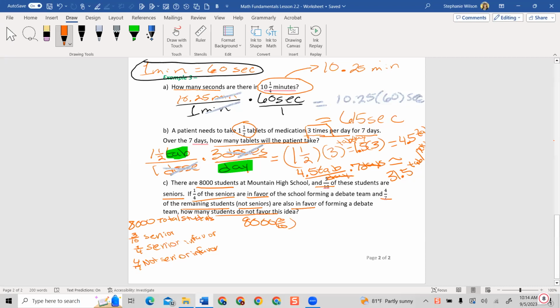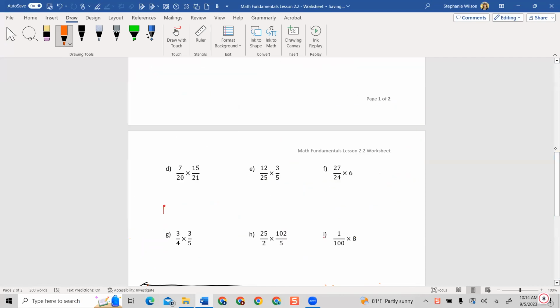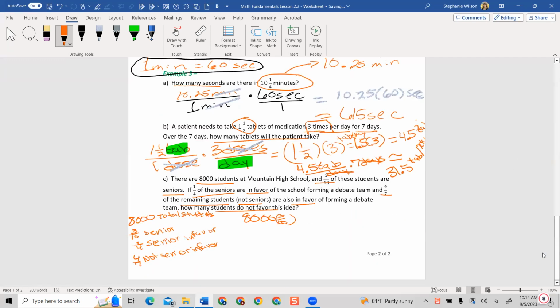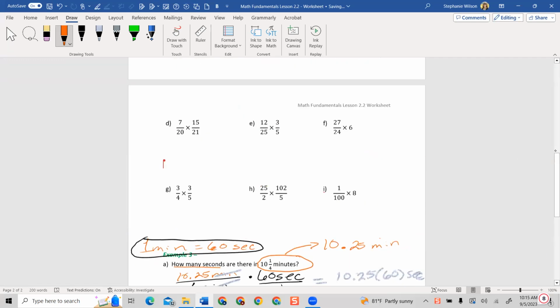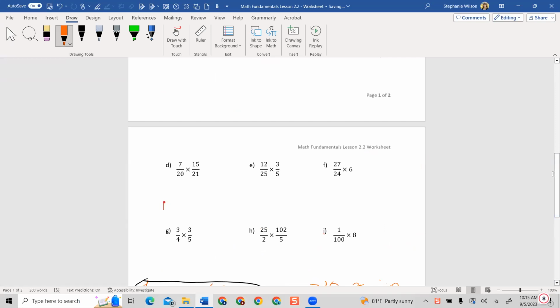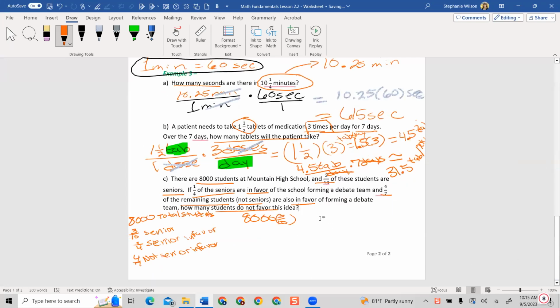So out of 8,000, sorry, my pen kind of decides to go up to the top of the page. And it did it again. Thank you for being patient with me. There it is. It's 2,400 are the total seniors.